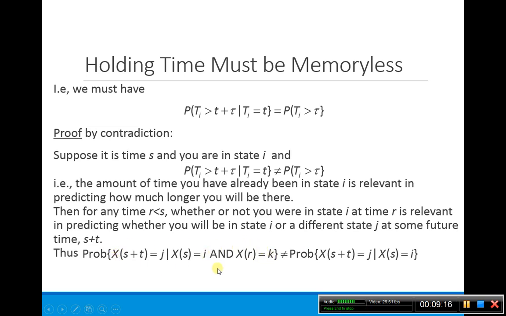So this violates our Markov property. It assumes that it does depend upon where we've been and not just the present state. So having this Markov property for our state space means that we have to have this memoryless property also for our holding time.